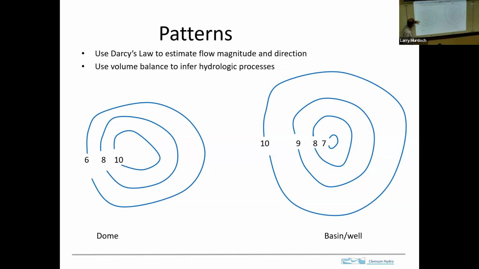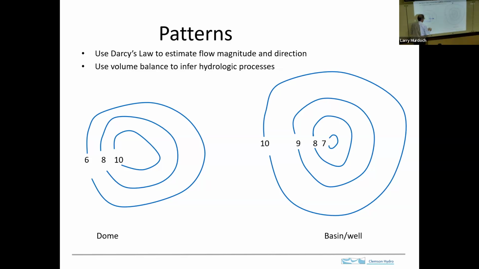So these are contours. These are elevations. So this is high, and this is low. So this is a dome, right? And so to figure out what this is in a hydrologic sense, we'll draw in a control volume here at the top of the dome. And actually, let me make it a little bit bigger. We make the control volume like that, okay? And what we can do then is go over to this side, and we can see, well, here's a 10 contour and a 9 contour.